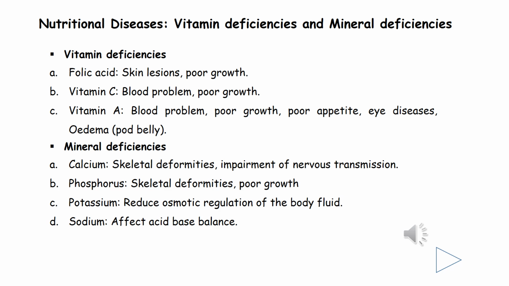Vitamin C, there will be blood problems and poor growth, while vitamin A also causes blood problems, poor growth, poor appetite, eye disease, edema, that is pot belly.